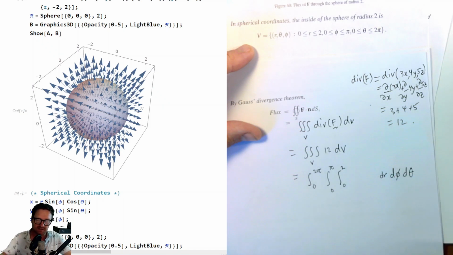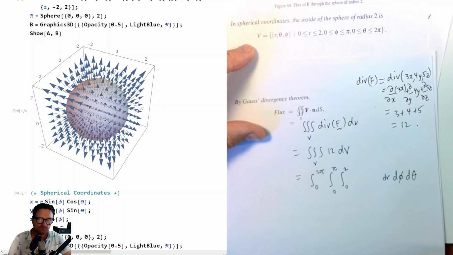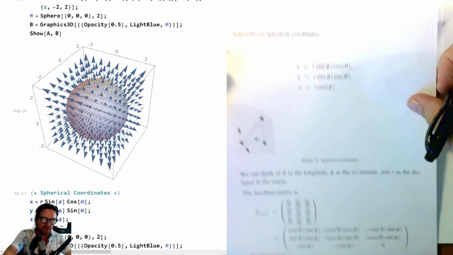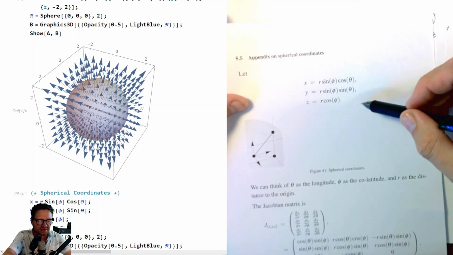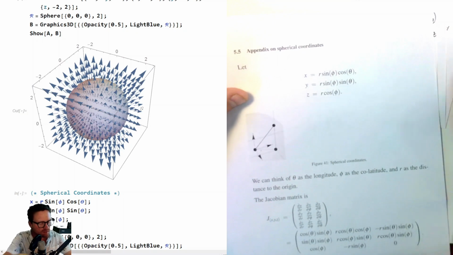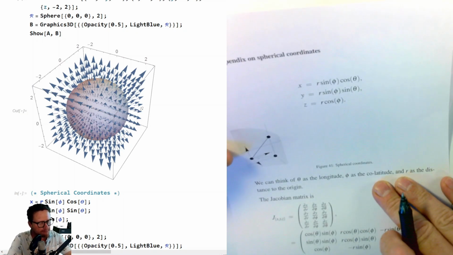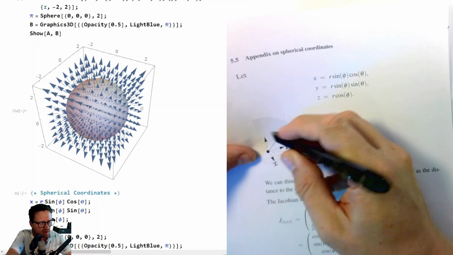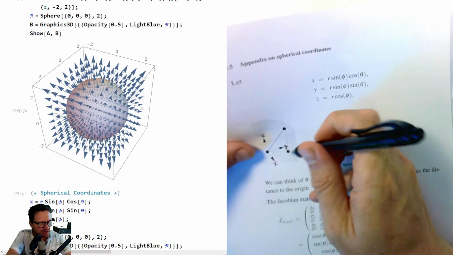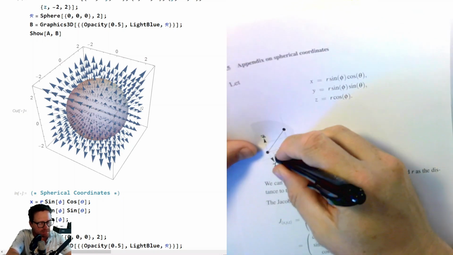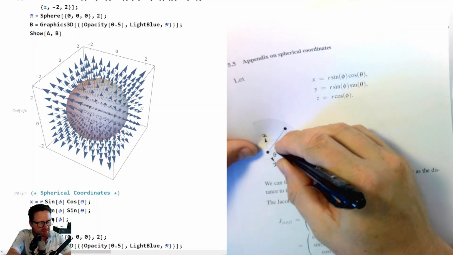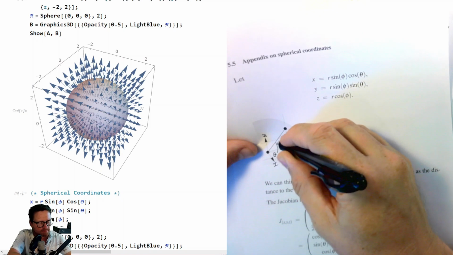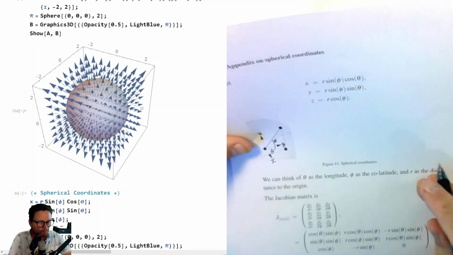Now this is in the appendix on the next page. So I'll just point you to that first. Right, so these are our polar coordinates in 3D, where let's just point out, okay, this is really tiny, so that's an x-axis, y, and z, and then down here we've got theta, and this angle here would be phi.